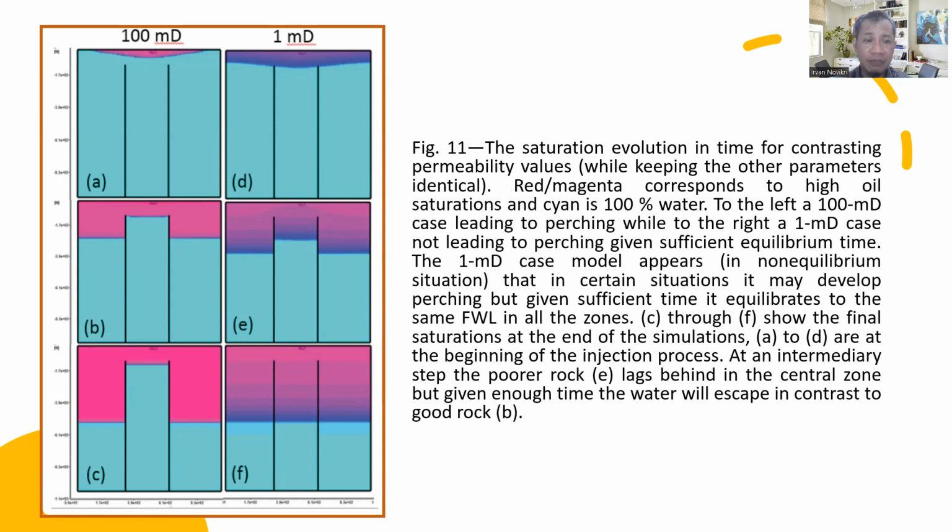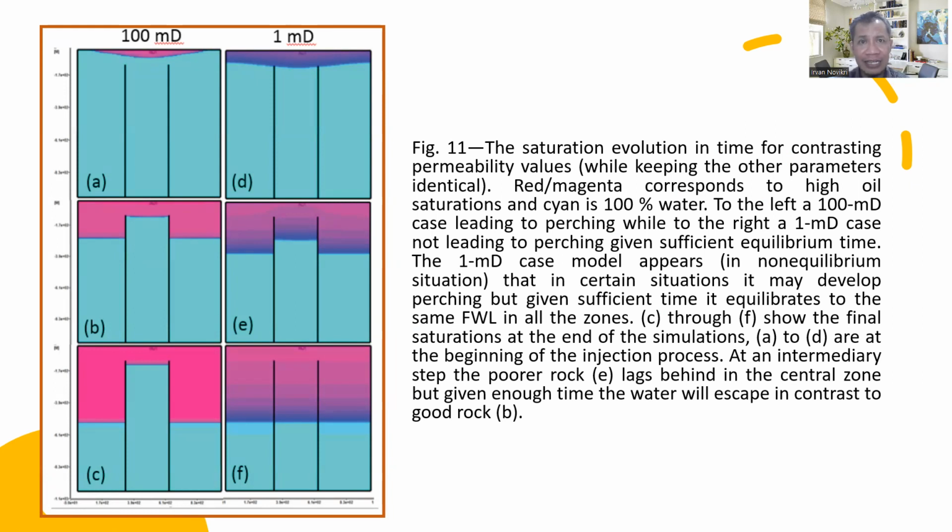So in the context of the simulation, as we can see, in the cross plot, figures C through F refer to the final saturation at the end of the simulation process. These figures illustrate the distribution of oil and water in the reservoir after the simulation has been completed, and the different saturations are shown.